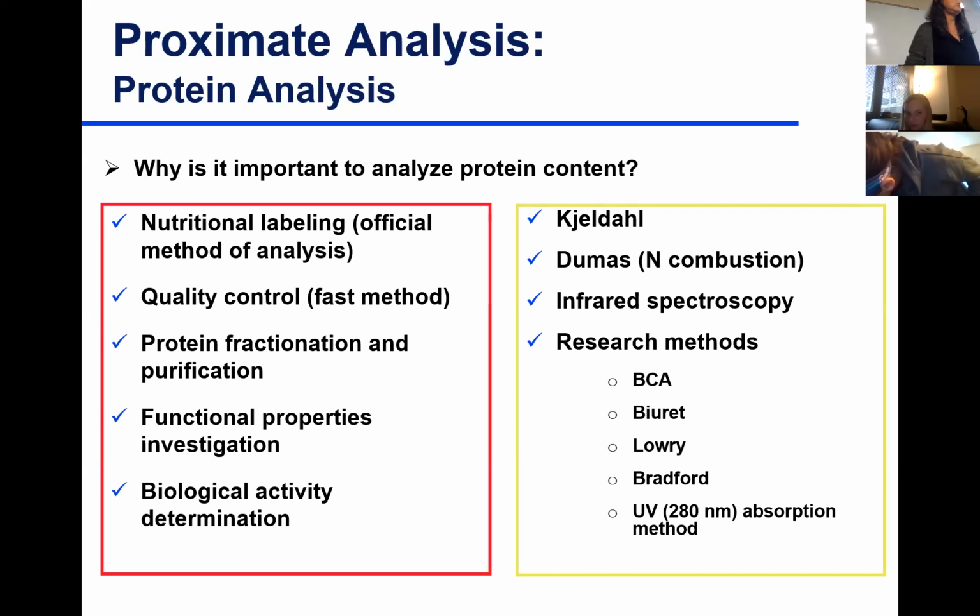In the whey protein world, you can get whey protein concentrates anywhere between 30% protein to 80% protein. So you have a wider range for a concentrate, but whey protein isolate has to be 90% or higher. Okay, so in the pea protein world, it's different.